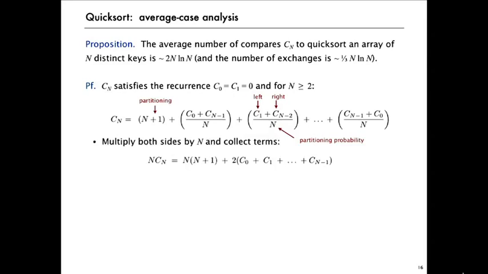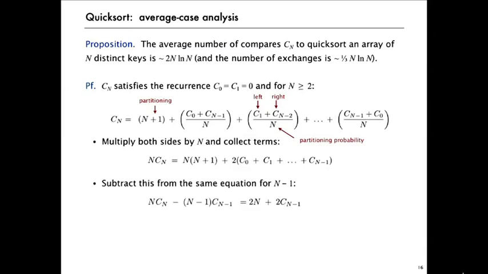First thing we do is just multiply by n and collect terms. So N C_N equals n times n plus 1, and then these terms, every size appears twice, so it's twice the sum from C_0 to C_(n minus 1). That's a simpler equation already. Now what we can do is get rid of that sum by subtracting the same equation for n minus 1.